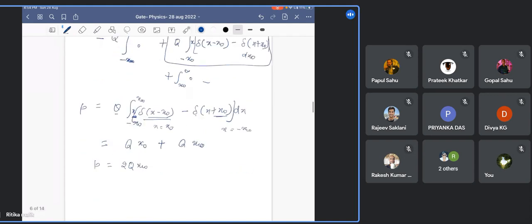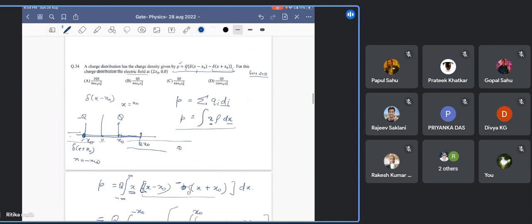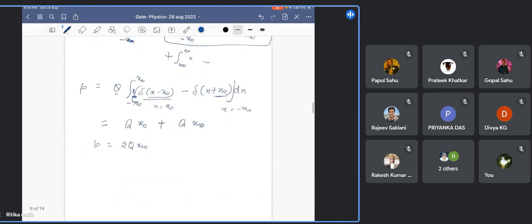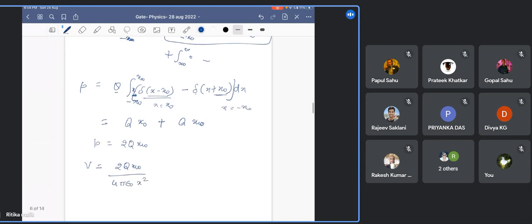And we have to calculate the electric field at 2x naught. So the potential due to this comes out to be 2q x naught upon 4 pi epsilon naught x square. So the electric field is minus del V by del x.